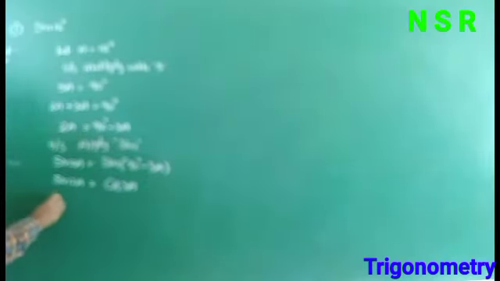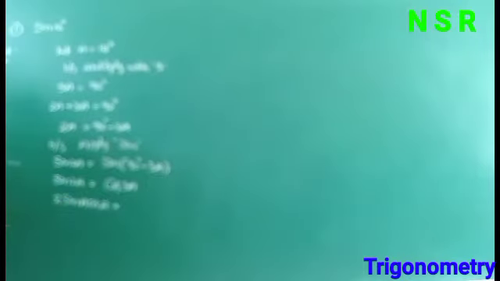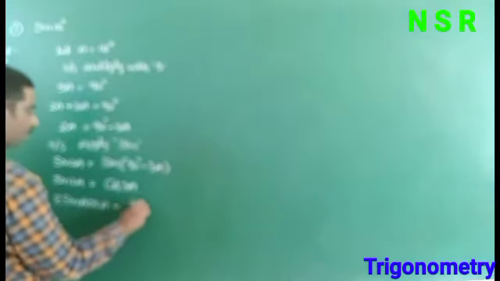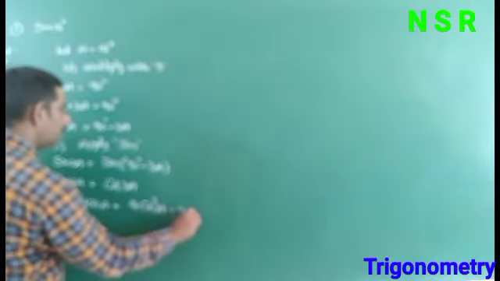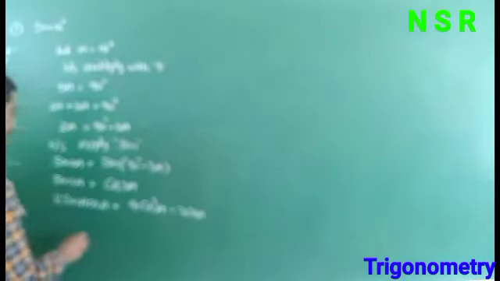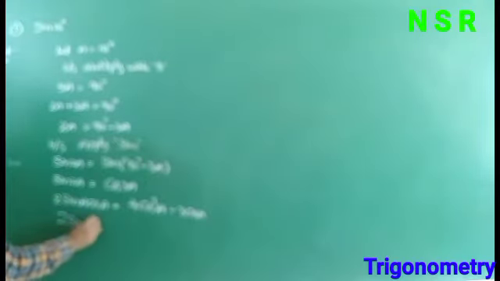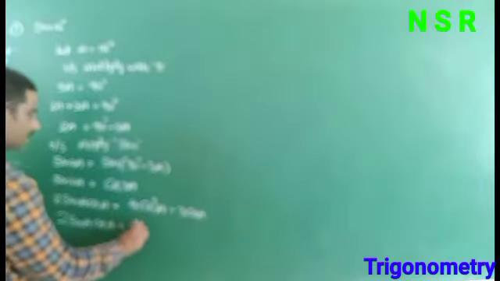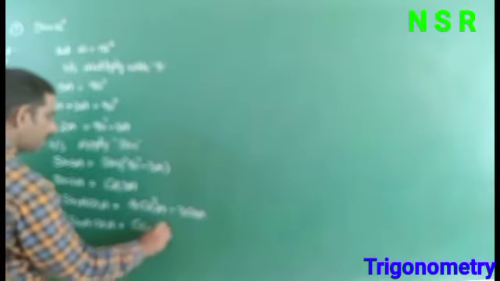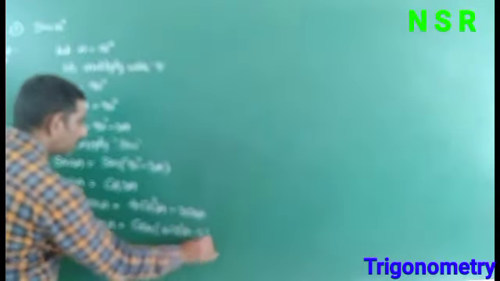The sin 2A formula is 2 sin A cos A, which is equal to the cos 3A formula, 4 cos cube A minus 3 cos A. So 2 sin A cos A equals, taking cos A common, cos A into (4 cos square A minus 3).